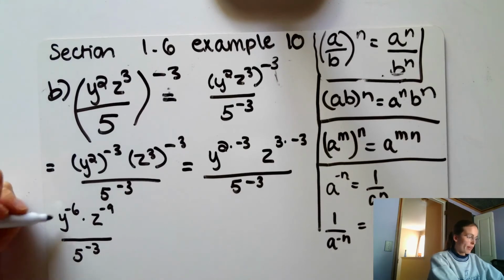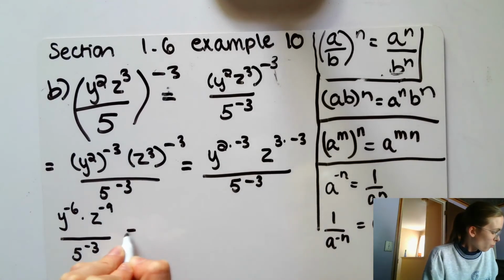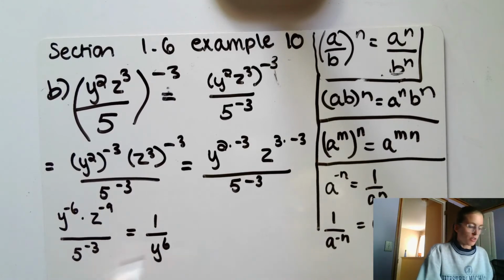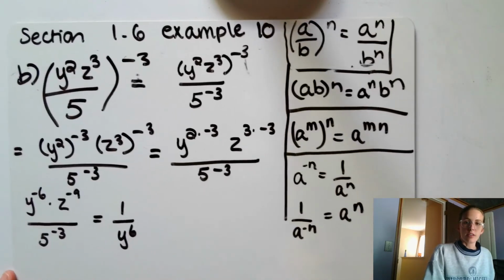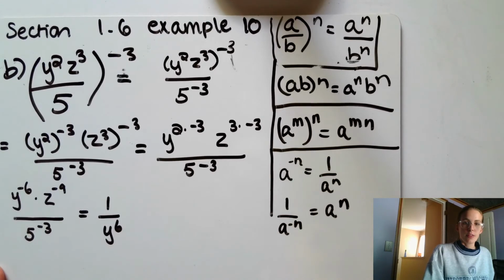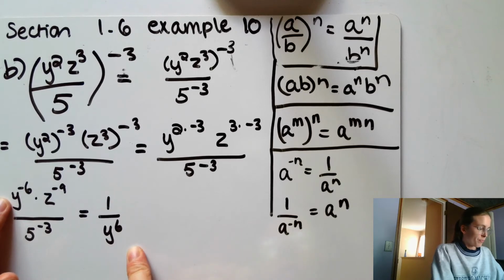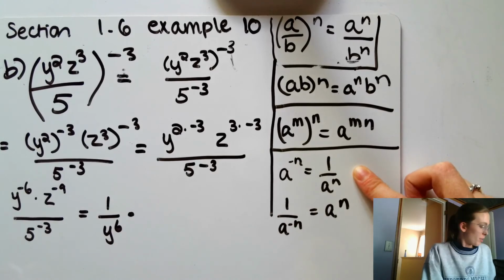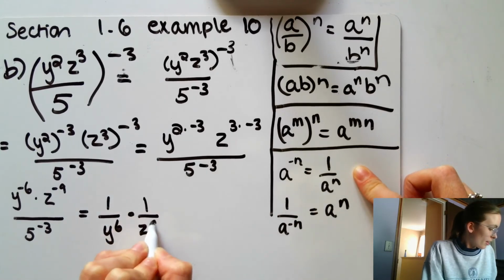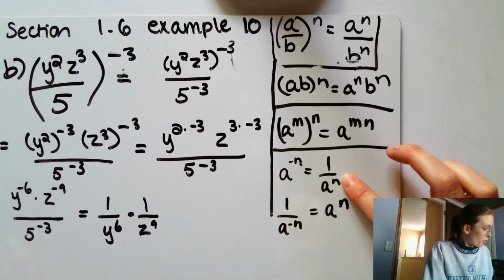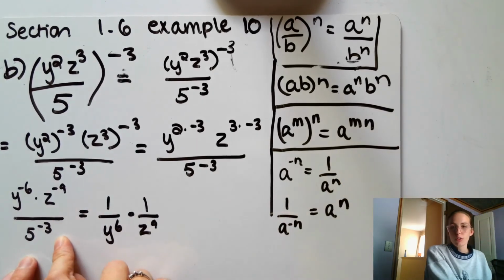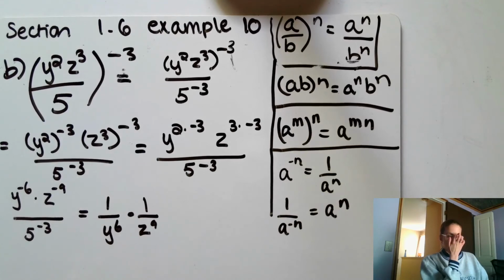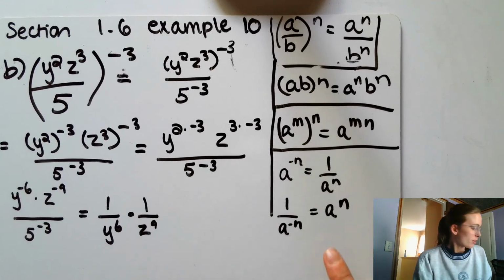So y to the negative 6 becomes 1 over y to the 6 using this part. Z to the negative 9 becomes 1 over z to the 9 using this part. And for 1 over 5 to the negative 3, if it's in the denominator, you can think about just that part as 1 over 5 to the negative 3, and that becomes 5 cubed.